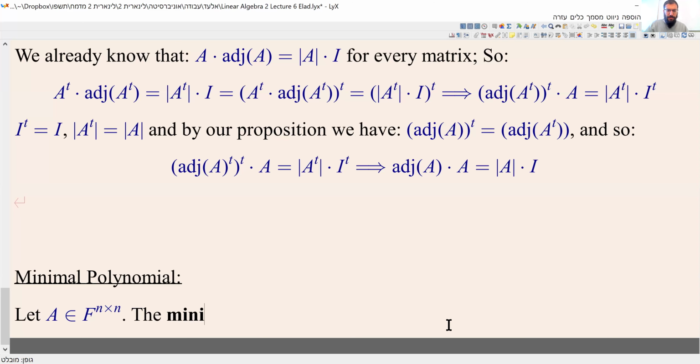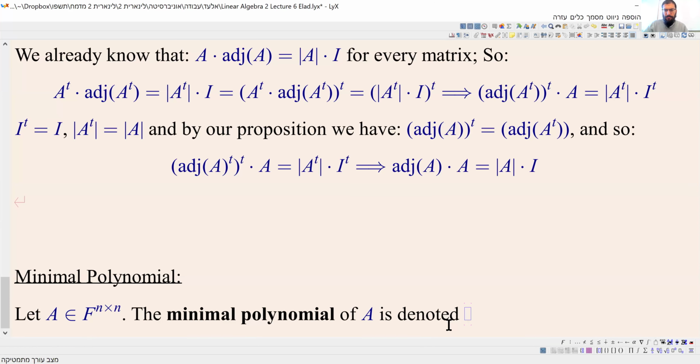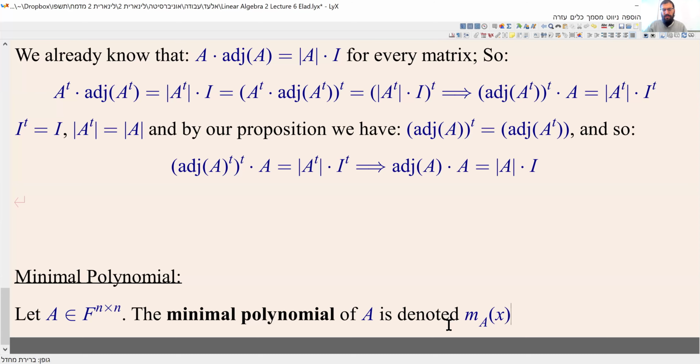Definition: the minimal polynomial of A is denoted m_A(x), or whatever variable you like.